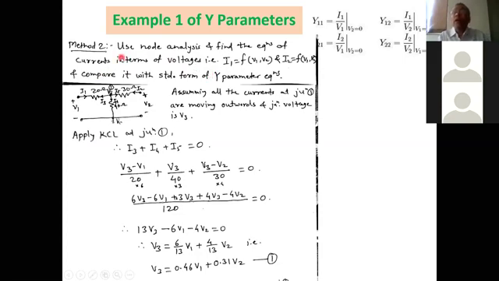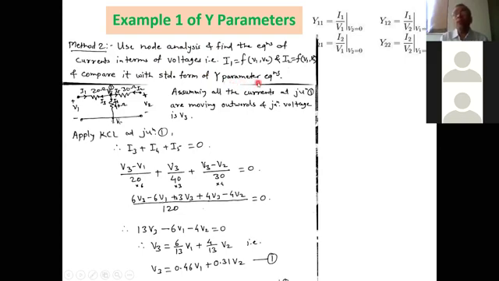In finding Y parameters, we are interested in the equations of currents in terms of voltages. So I1 should be a function of V1 and V2, and I2 should be a function of V1 and V2. We'll calculate these equations from node analysis, and then compare them with the standard form of Y parameters.